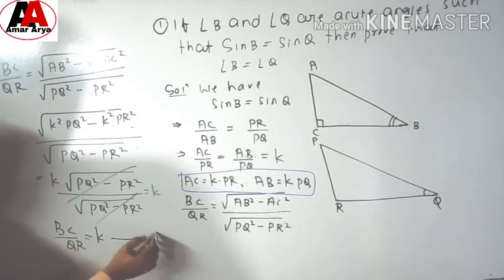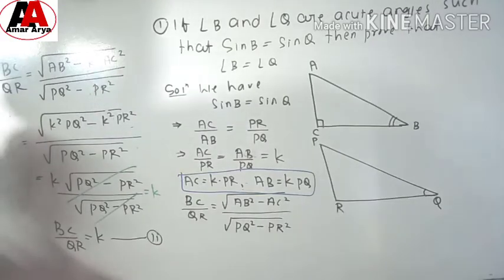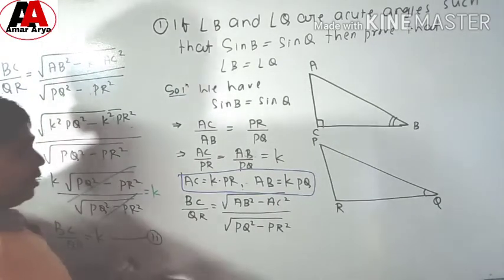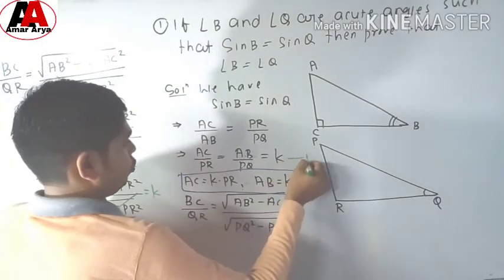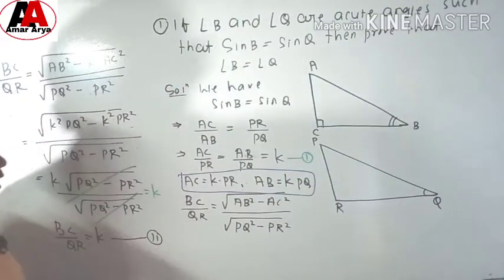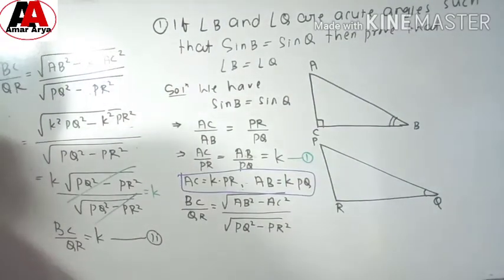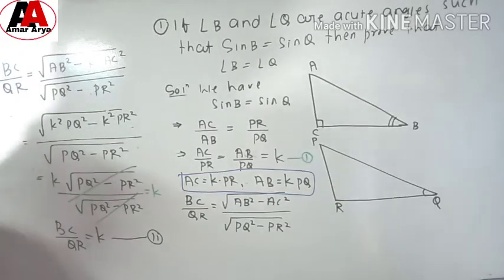This is equation number 2, and this is equation number 1. So from equation 1 and 2 we can write AC by PR equals AB by PQ equals BC by QR, which means all the sides are proportional.